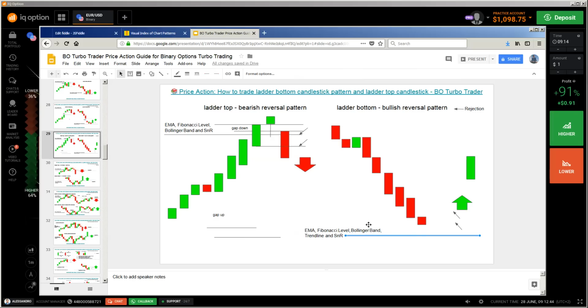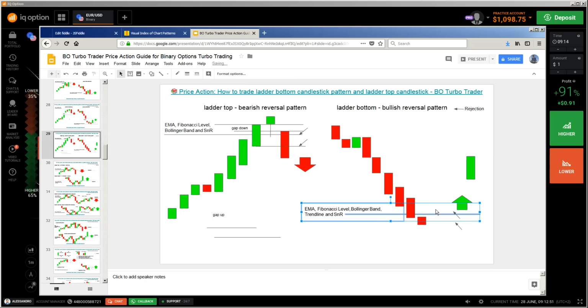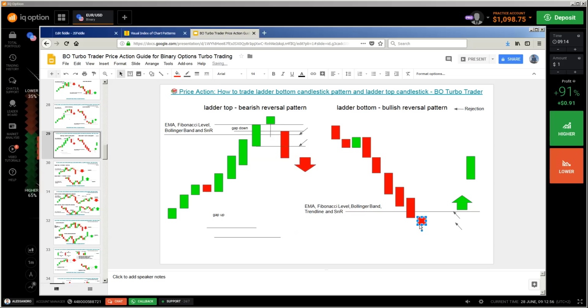After this we get here, let me do this a little bit higher, some kind of hammer, something like this. I need the wick, and then we get a huge bullish candle here. Important is that this is a 5-bar candlestick. You see 1, 2, 3, 4, and then we get here a bullish candle which breaks through this area here.